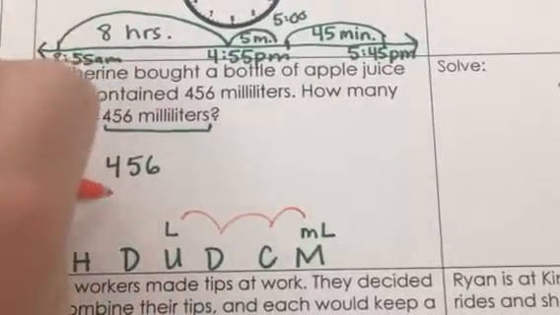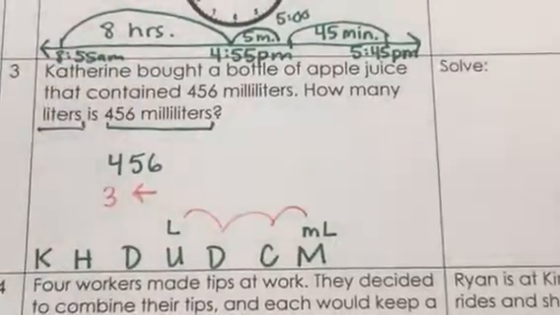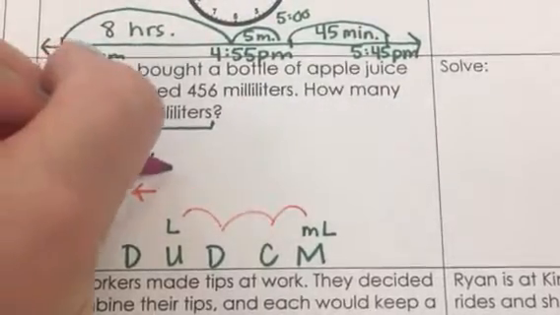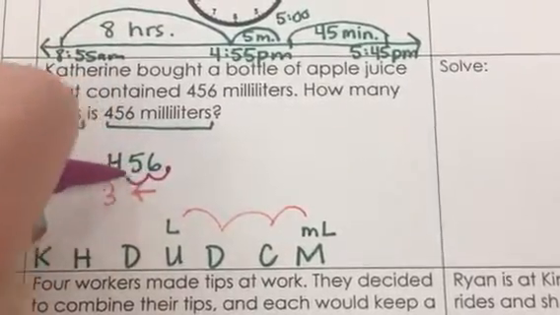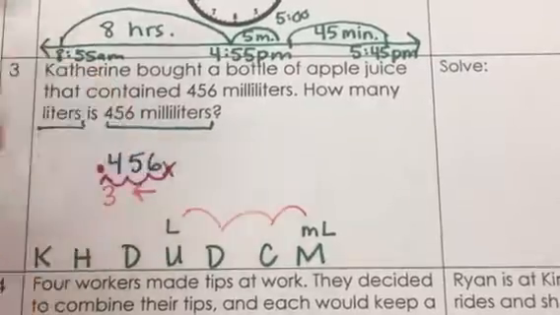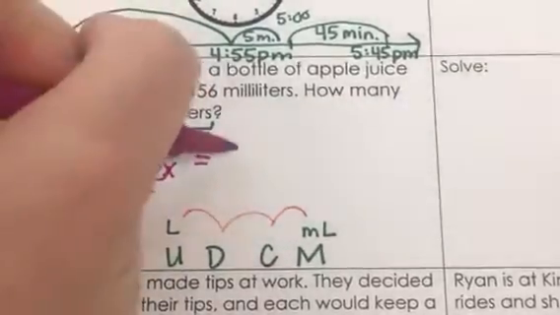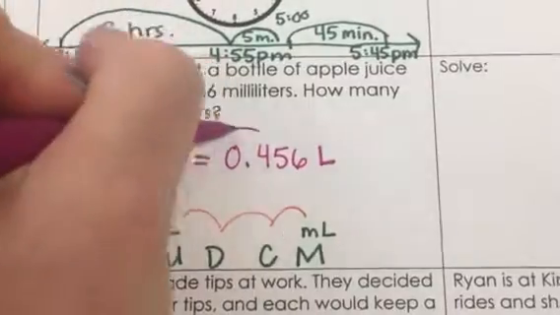I'm going 3 in this direction. So what I'm going to do is I'm going to take my decimal point, and since this is a whole number, I know it comes right after the ones place, and I'm going to move it 3 in that direction. 1, 2, 3. So my new answer is 0 and 456 thousandths liters.